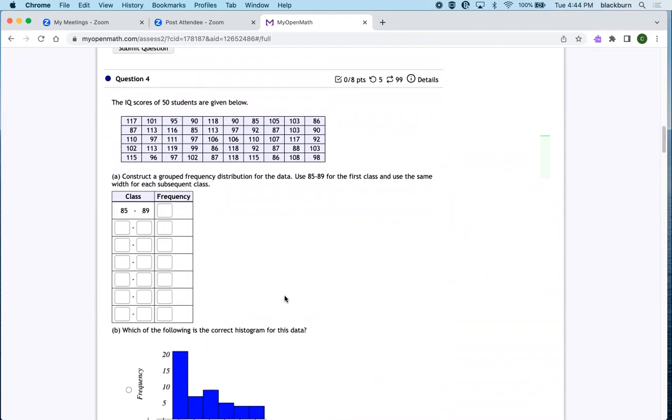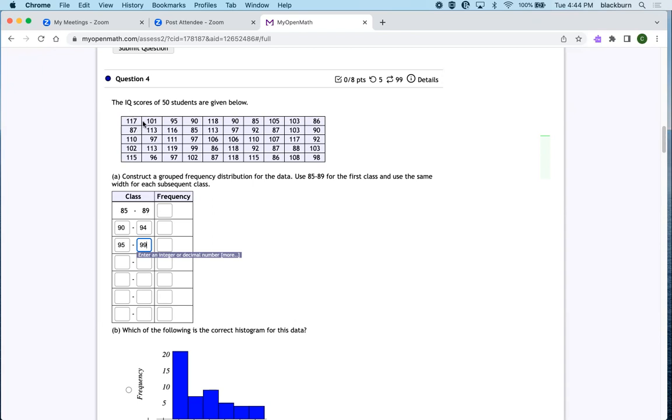I'll get you started on this one. All you would do for this one, they want you to put the classes of numbers like 4 apart. So this next one is going to be 90 to 94, and then the next one would be 95 to 99, and you just keep tracking it down like that. And then how many students got between an 85 and an 89 on their IQ?